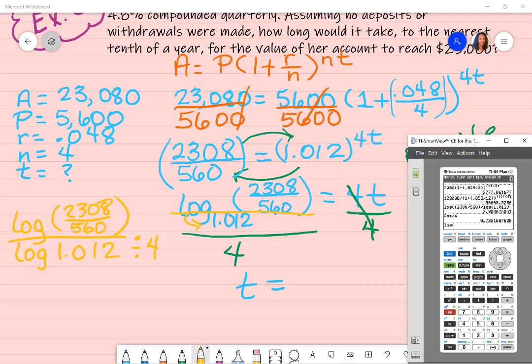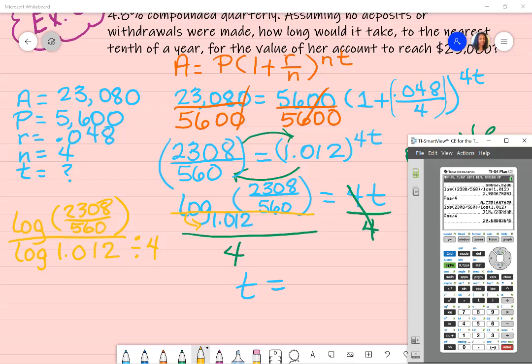All right. So log parentheses, I probably put another parentheses in when it was already there. I think that's what I did. 2308 divided by 560. So parentheses matter. Divided by, again, log 1.012 in parentheses equals, and I divide that by 4.